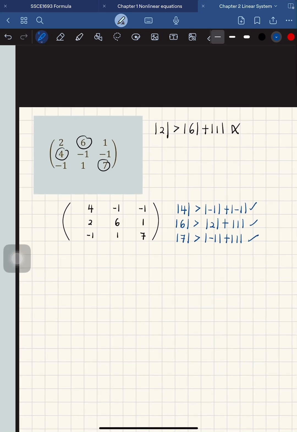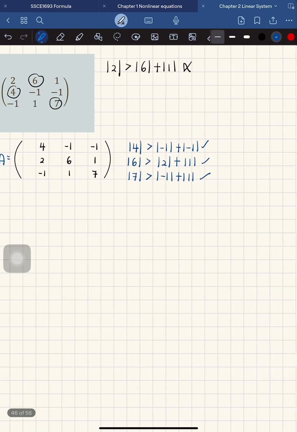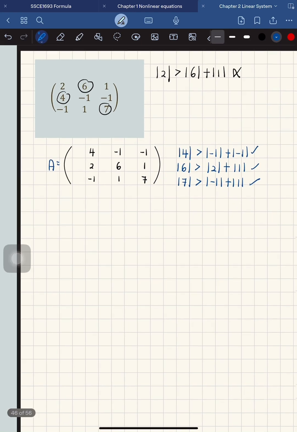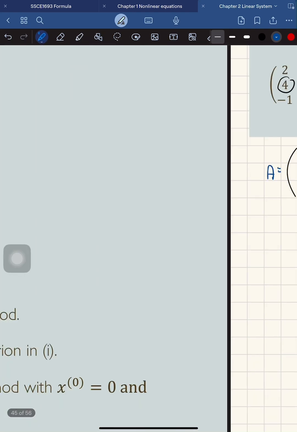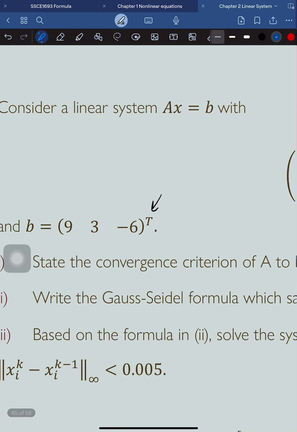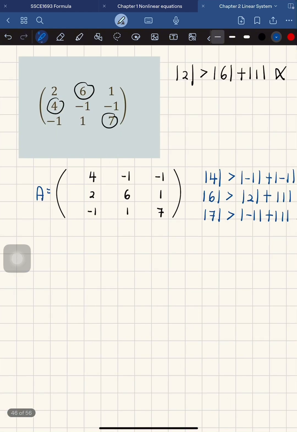Okay, so this will be our matrix A. Now we need to find the equation, but don't forget our B. We change the row, so we have 9, 3, -6.